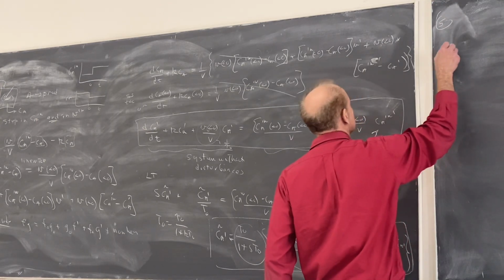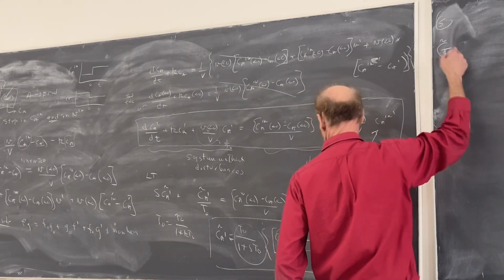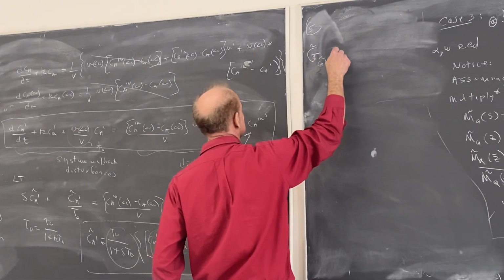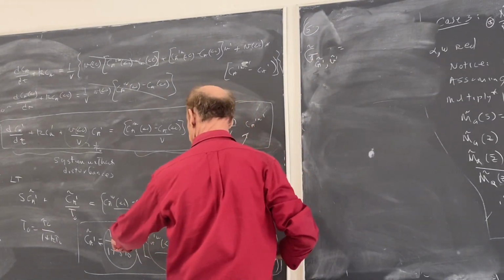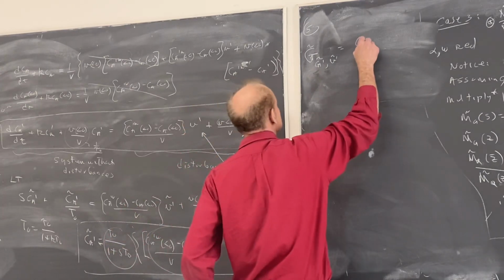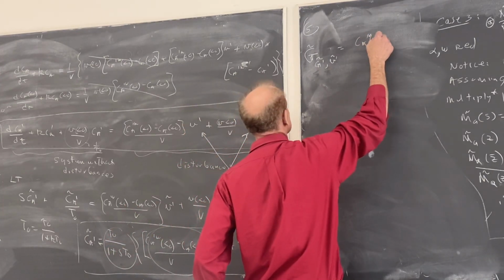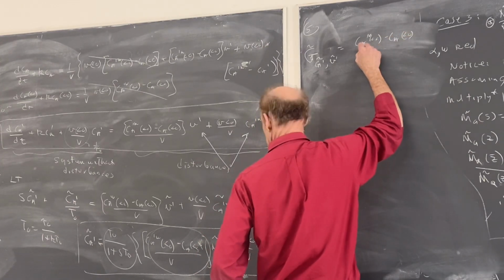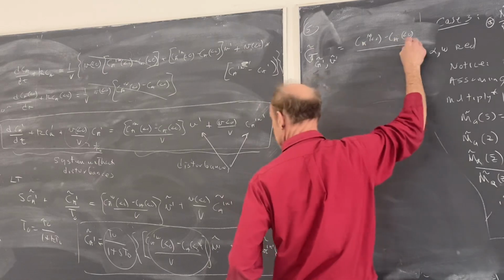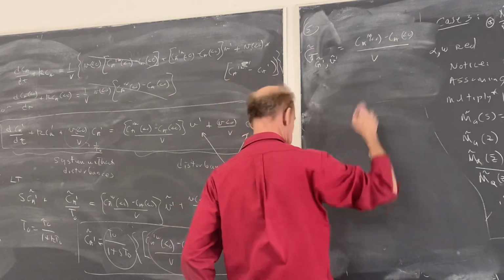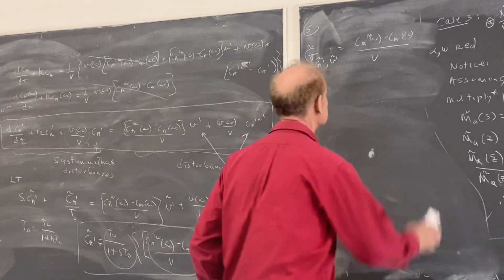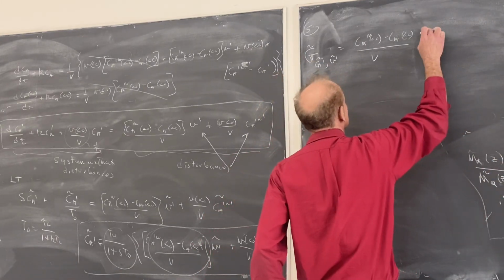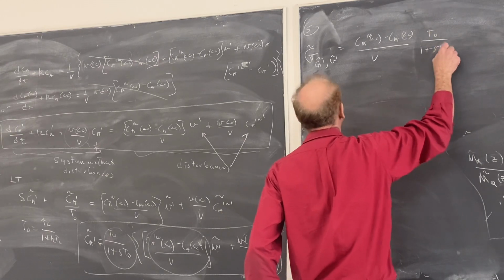So I have G tilde of CA prime tilde, V prime tilde is equal to CA in less than 0 minus CA less than 0 times V, divided by V times tau 0 over 1 plus S tau 0.